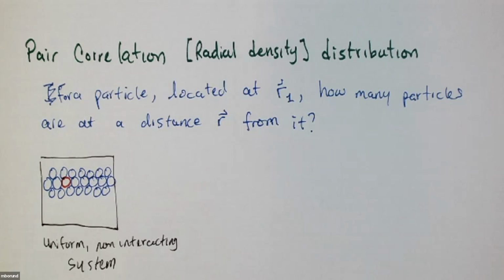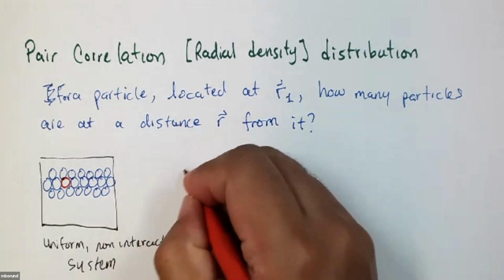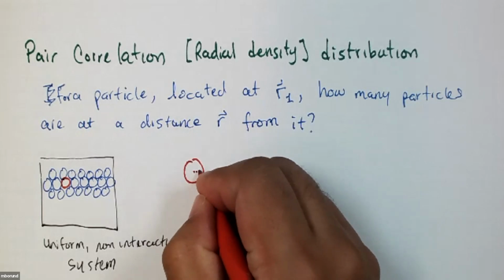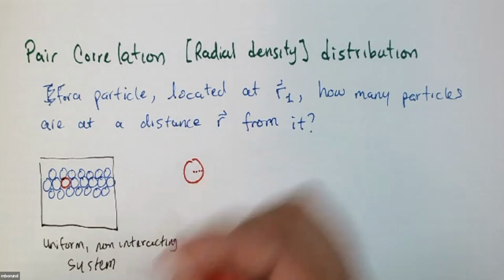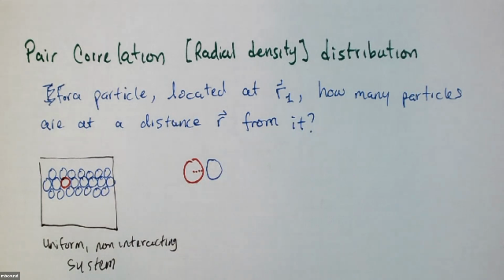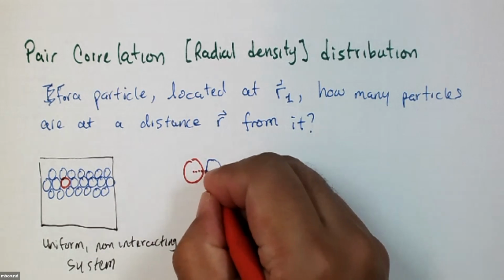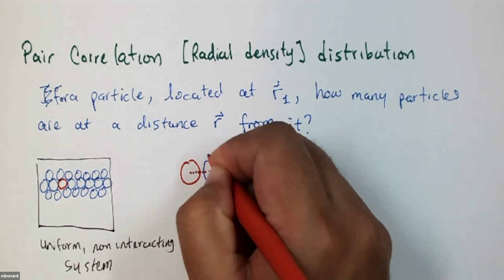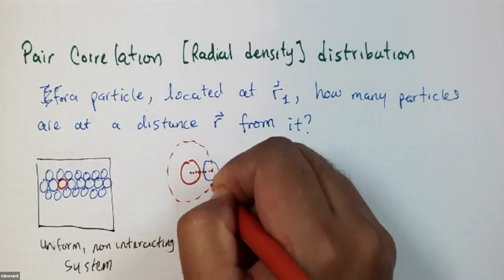So as we go a distance from the center, so I have my particle here, and then we start going a distance from the center, and there's another set of particles here, right? And then all of a sudden you feel that there's one particle or more particles. So I'm going to create a radius around it like this.